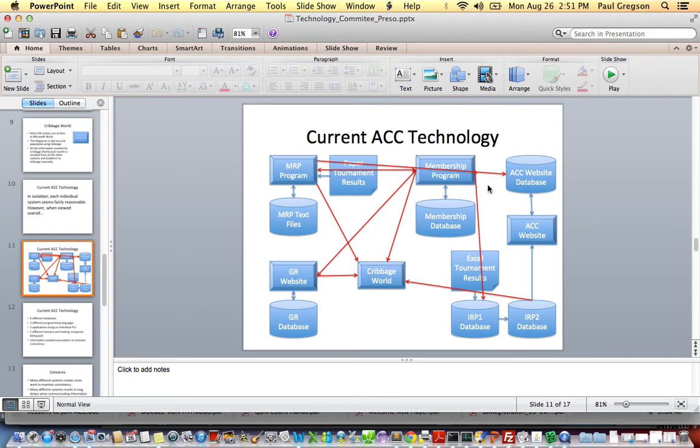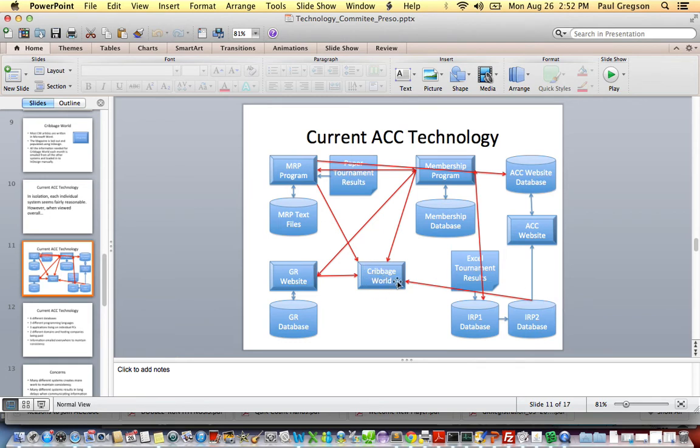Because all of these systems are independent of one another, in order to keep them all in sync, information needs to be emailed. So information is emailed from the membership program to Cribbage World each month to get the list of new members, to get the list of members who have expired, things like that. The Masterpoint program is sending the weekend standings. The Grassroots website needs to email Cribbage World the Grassroots related standings.